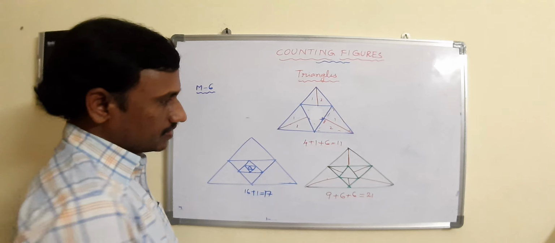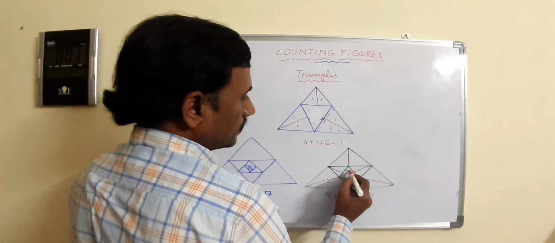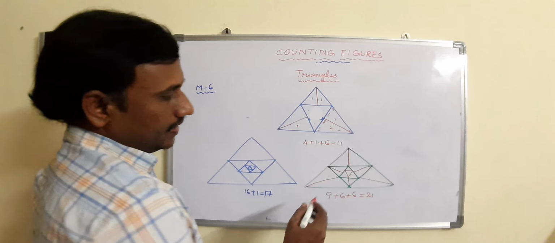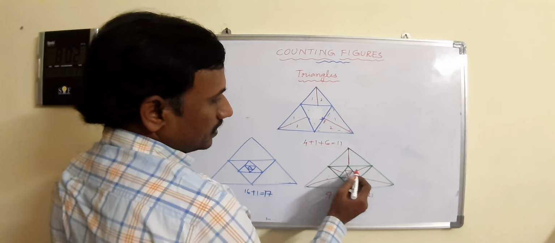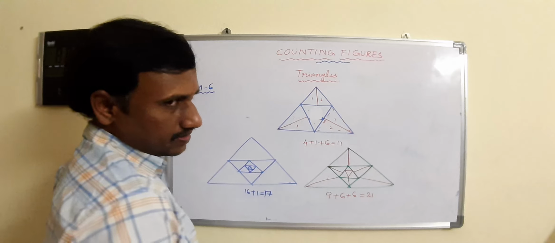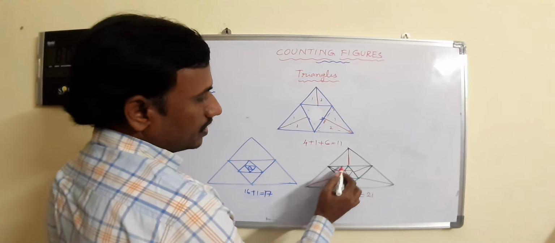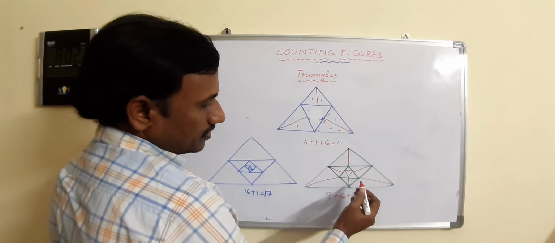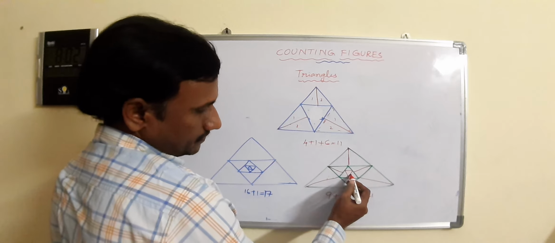Sometimes they may ask simply how many triangles are there. Just observe here. They made partitions up to here only like this, but inside there is no partition. That means first forget about all these lines. Then for the remaining, what is the logic to count? 1, 2, 3.